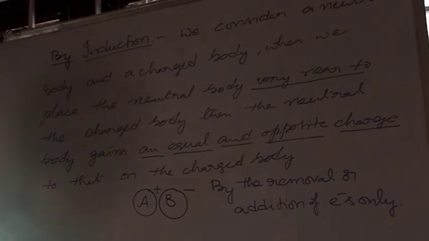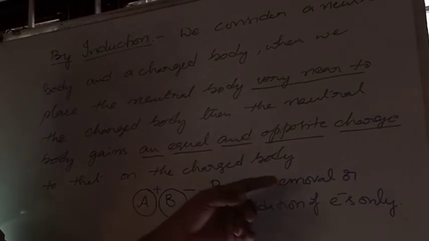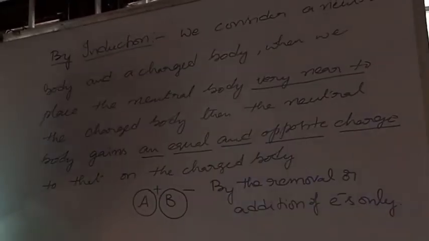In the second process, conduction, electron transfer also takes place. In all three processes, only transfer of electrons takes place. So we can make a neutral body into a charged body only by the removal or addition of electrons.